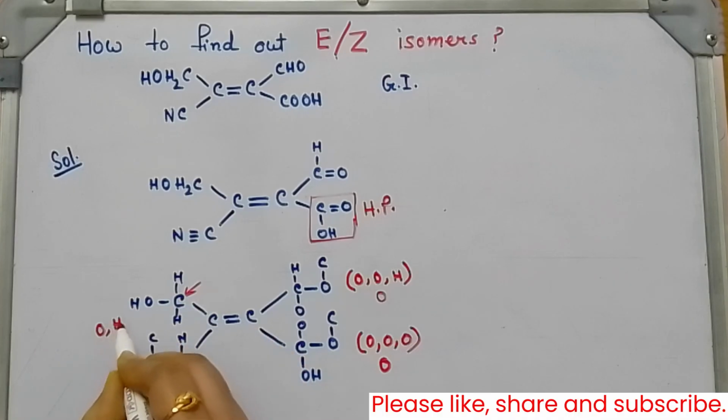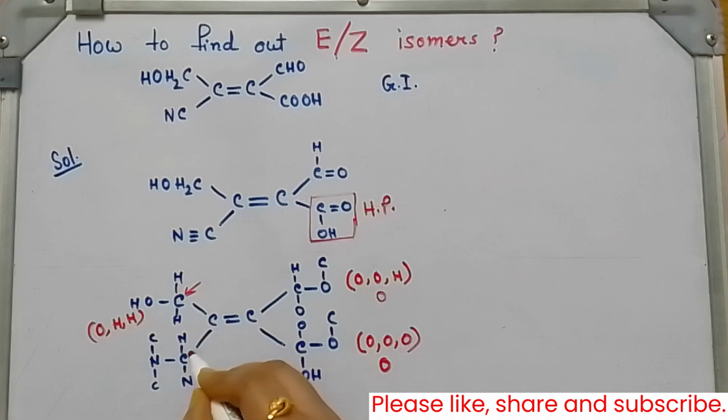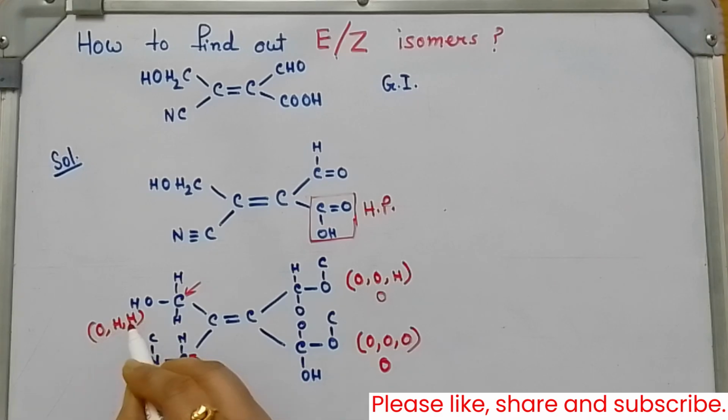Oxygen, hydrogen, hydrogen. In decreasing order of atomic number you have to write. Now with this directly attached is this carbon. With this carbon what are attached? 3 nitrogen atoms. So here out of these 3 atoms, which one is best? Best means highest atomic number, oxygen, and here best atom is nitrogen.